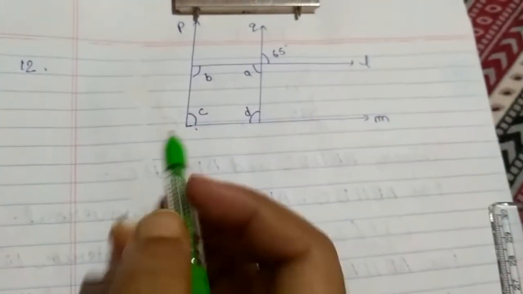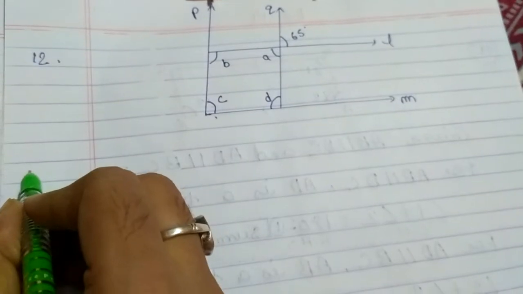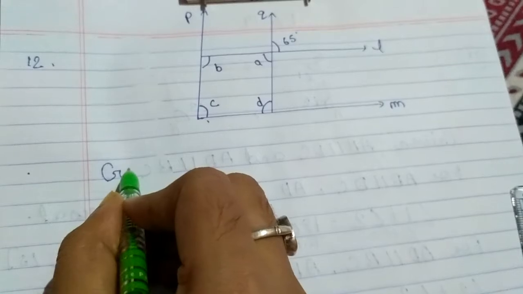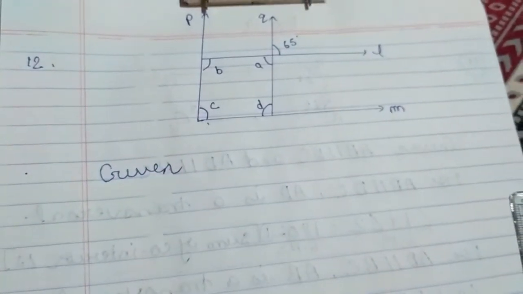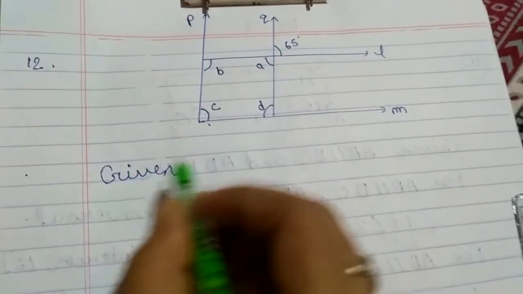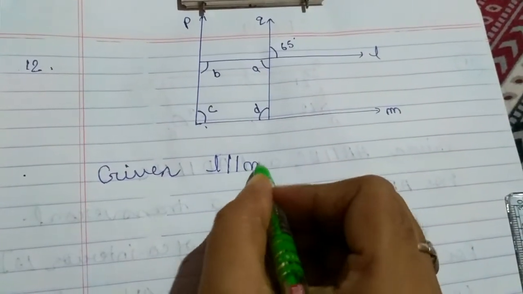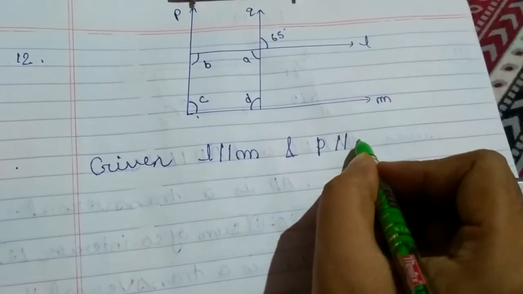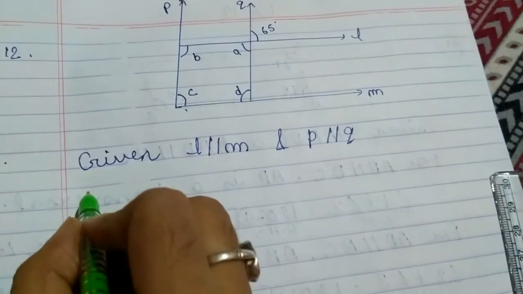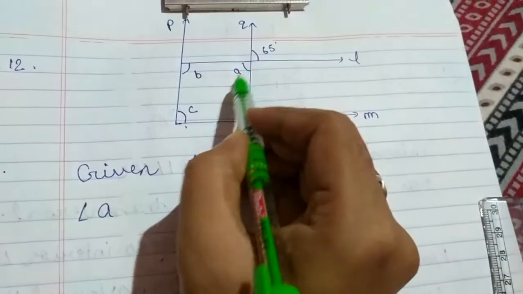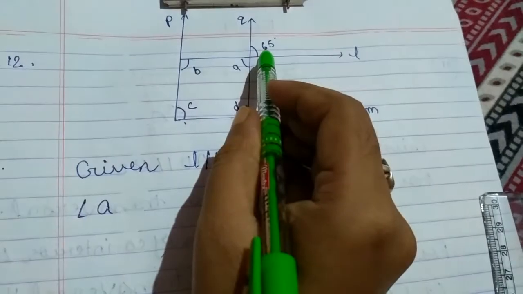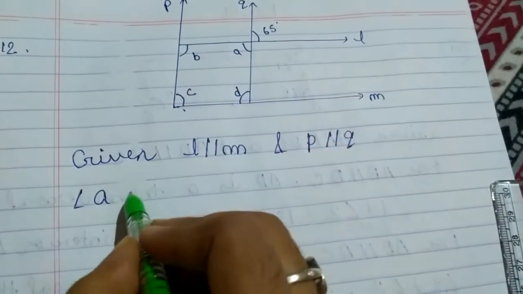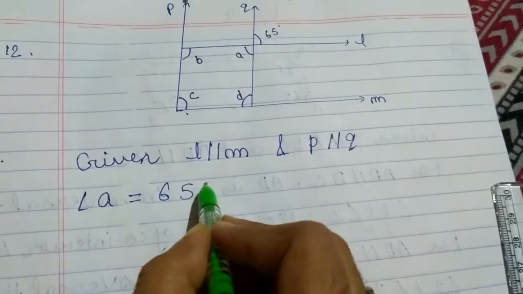So just write down whatever is given in the question. Given L parallel to M and P parallel to Q. Now angle A, I told you angle A is equal to 65 degree. How? Vertically opposite angles. So angle A equal to 65 degree.